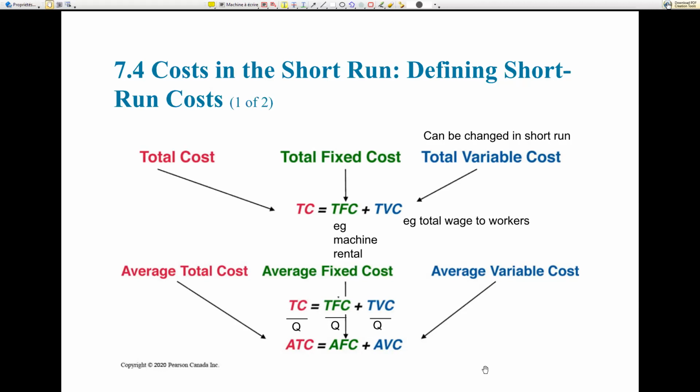So this is how you find it. If my total cost is 10,000 and I produce 100, the average total cost is 10,000 divided by 100.